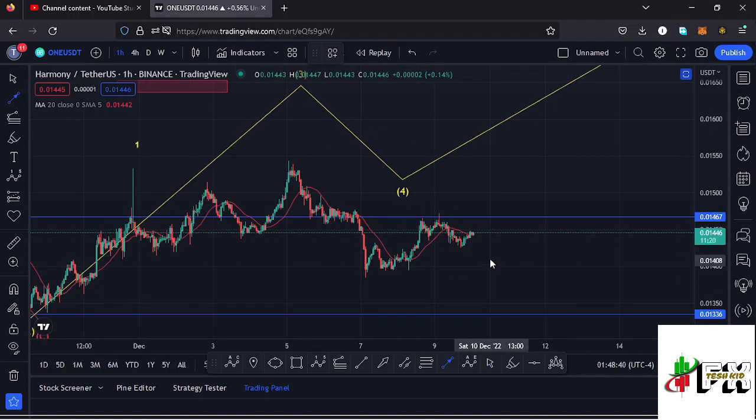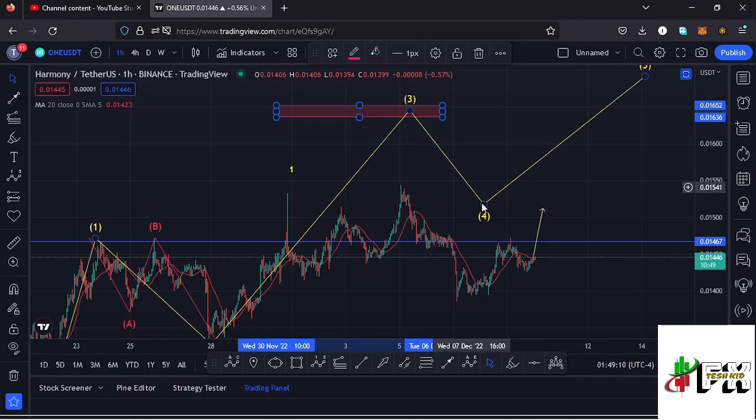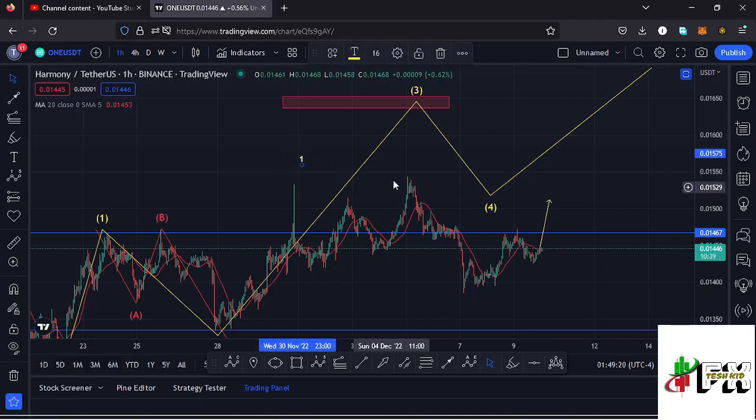For that to play out, we also need to manage to break above the 20-day MA, and once we manage to break above those two key areas here on this chart, then that will be a confirmation that we are back in the formation of this wave 3 in that impulsive movement, and we can fully maximize the Fib level 1.618 before we see a bit of a retracement in the formation of a wave 4, and then continue pushing even higher in the formation of a wave 5 to complete a higher Elliott wave count 1 to the upper side. So that is my primary scenario here on the HARMONYONE chart.